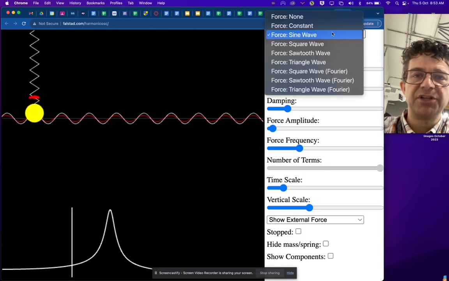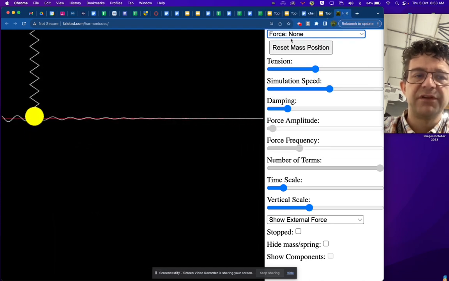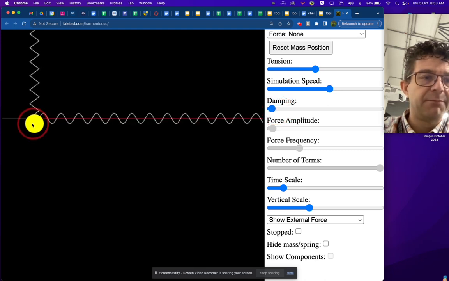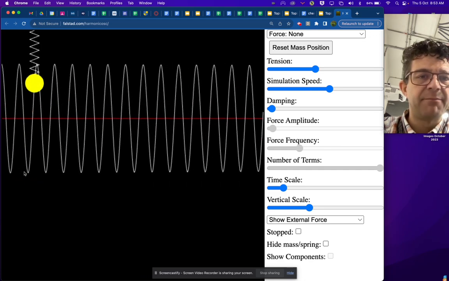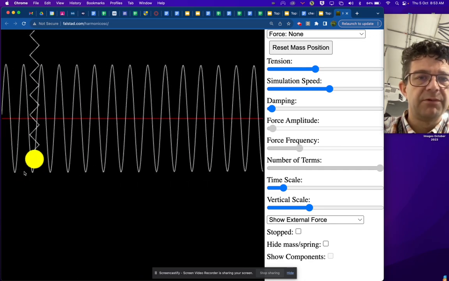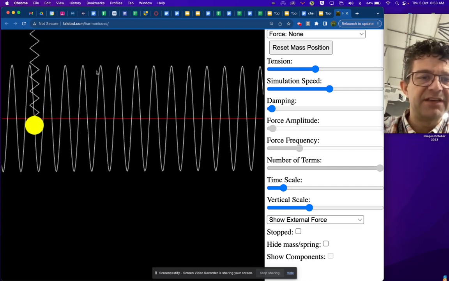So here I'm going to start by looking at just the damping. I'm going to turn off the forcing, and I'm going to turn the damping down very low. And when I pull the ball away for very low damping, we see that the oscillations continue, and it's actually very difficult to even see the change.